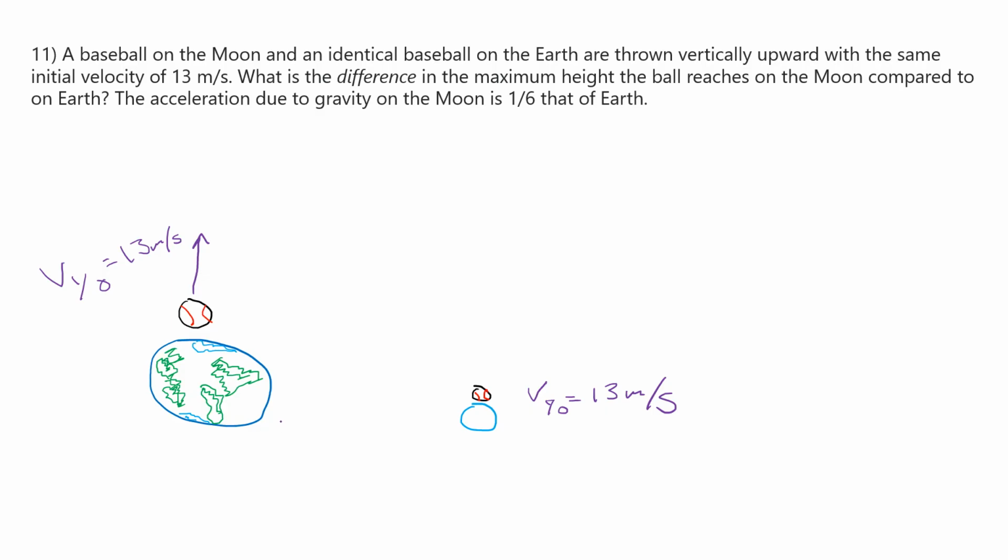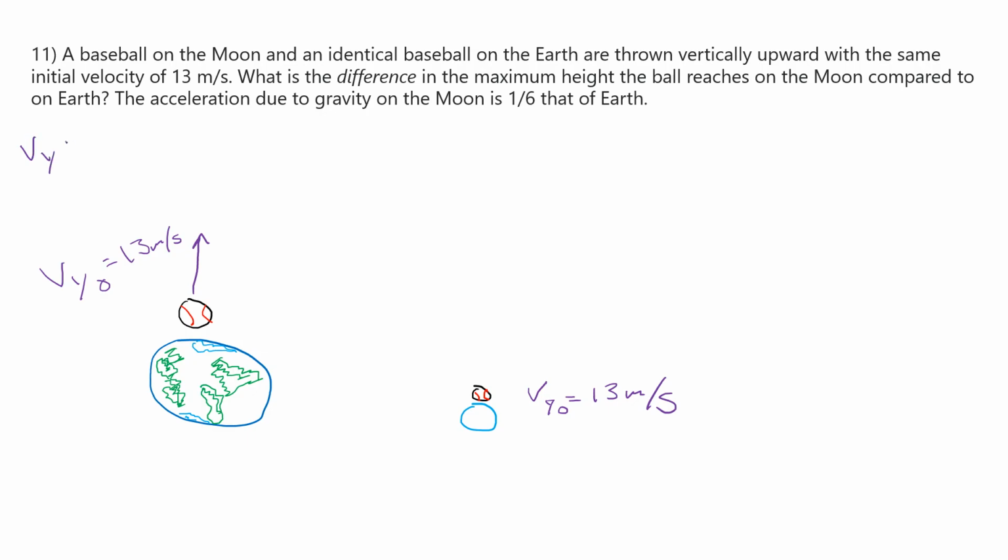And so we got to figure out what's the maximum height. When it gets to the maximum height, so this is an interesting one, we're going to need a kinematic equation to do this. At the maximum height, it's the same on both of these.